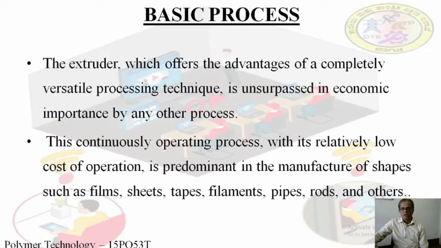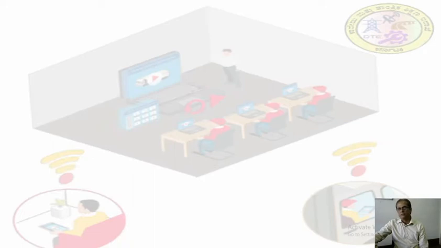Extrusion is a continuous process with relatively low cost of operation, and is predominant in the manufacture of shapes such as films, sheets, tapes, filaments, pipes, rods, etc.